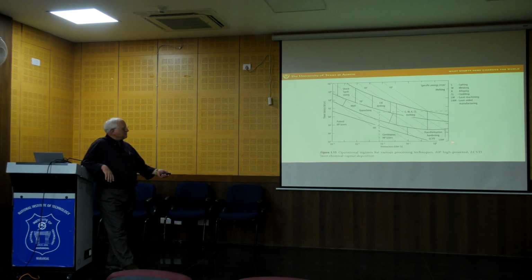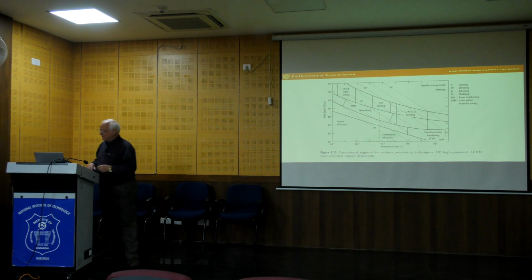LAM is laser additive manufacturing. And we are at relatively low powers, around say 1,000 watts per centimeter, and very long interaction times, a tenth of a second-ish, as opposed to 10 to the minus 8 seconds. So we're down here at the very, very end of the range for that technology.